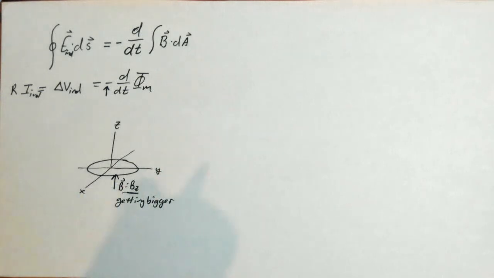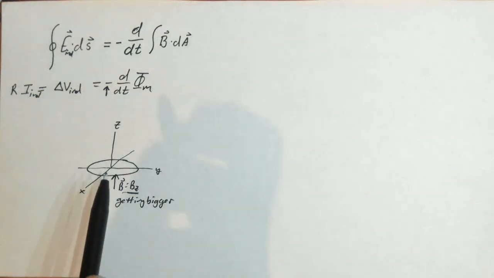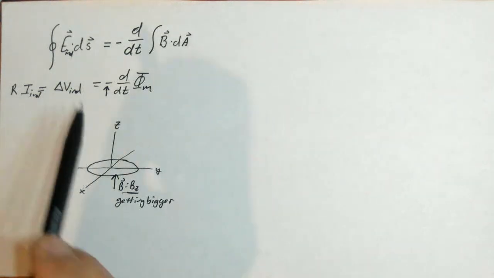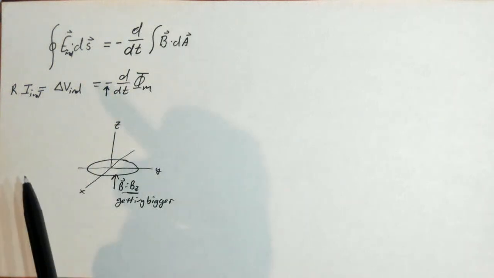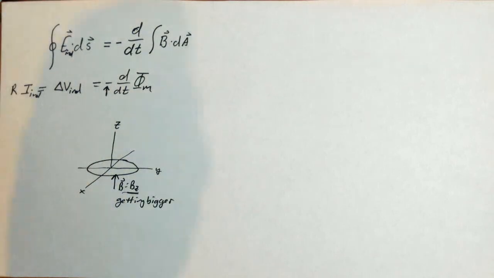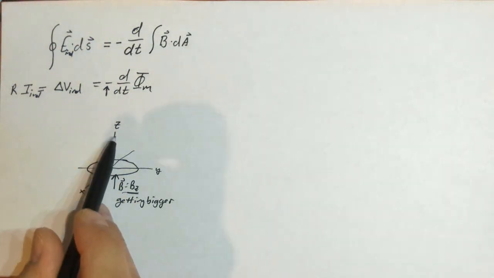So if you remember from our equation for the field of a loop, it points along the axis of the loop. So for example, this B field's pointing up.